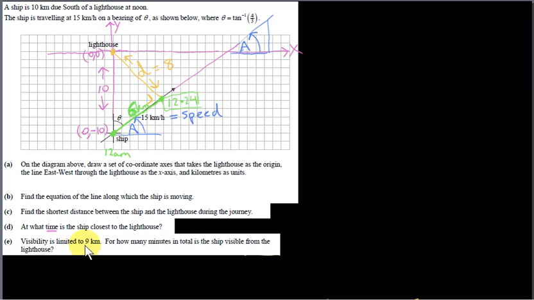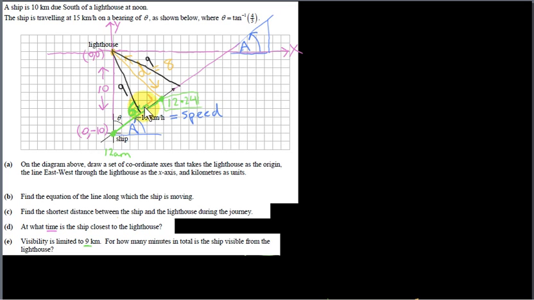Visibility is limited to 9 kilometers. For how many minutes in total is the ship visible from the lighthouse? Since the minimum distance of the lighthouse to the path of the ship is 8 kilometers, that's this distance here, then a distance of 9 kilometers would look like this. So when the ship is more than 9 kilometers from the lighthouse, the ship is not visible.